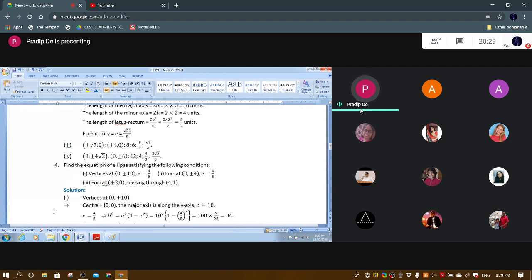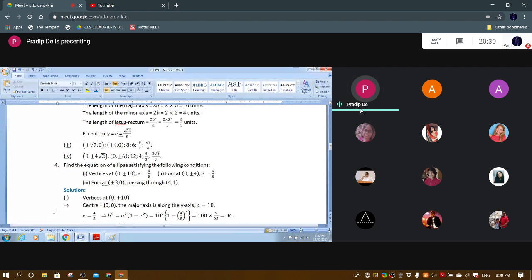Basically, it is the same relation. That E is equal to C upon A, or E is equal to square root of A square minus B square upon A, or E is equal to root over 1 minus B square upon A square. Same formula. If you square both sides, you will get this relation.